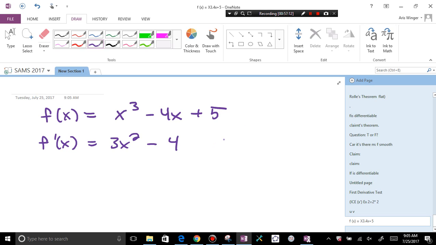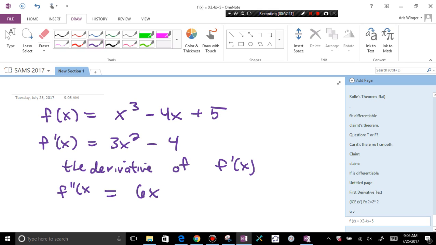I could take the derivative of that. So then the derivative of f prime. What is that? 6x. 6x, right? Is that okay? I'm going to come up with notation for that.